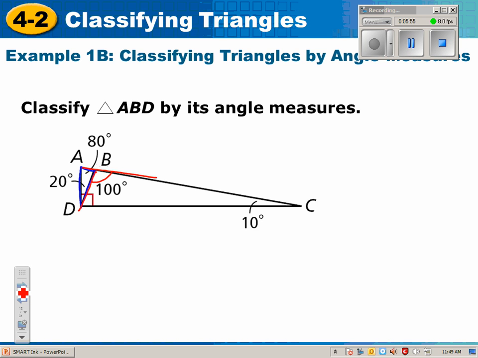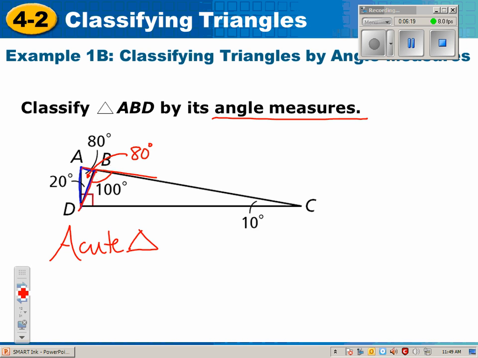And if this angle is 100, then what does angle ABD have to be? 80, because they're supplementary. That's the linear pair theorem. Two angles that form a straight line are supplementary. So if this one's 80 and this one's 80 and this one's 20, it is an acute triangle by angle measures.